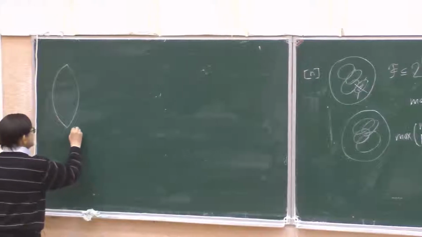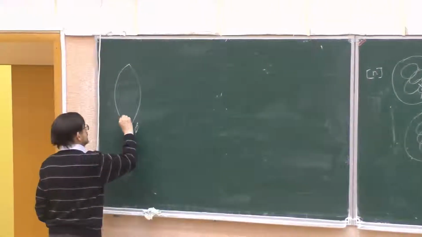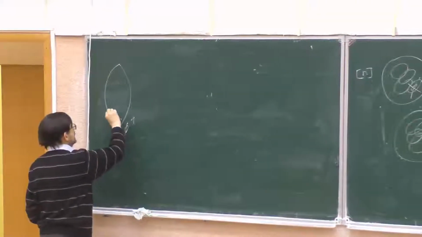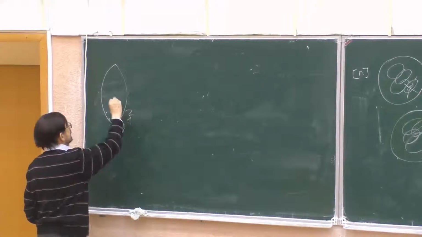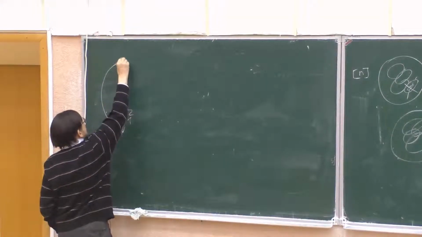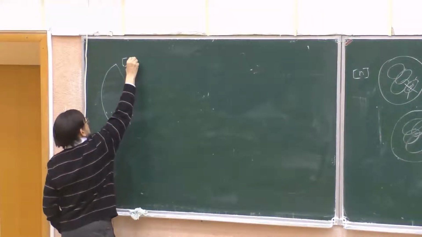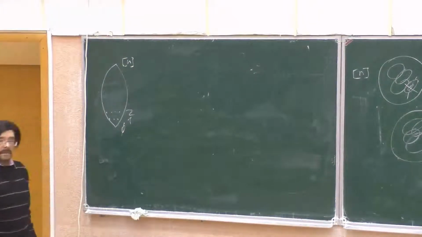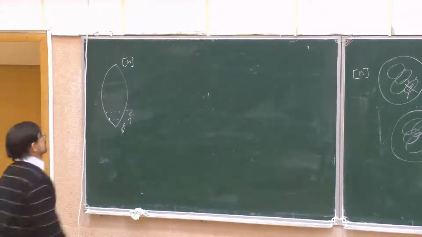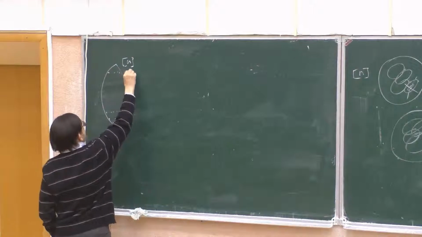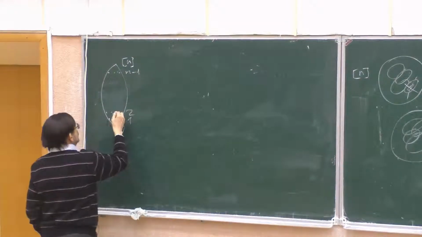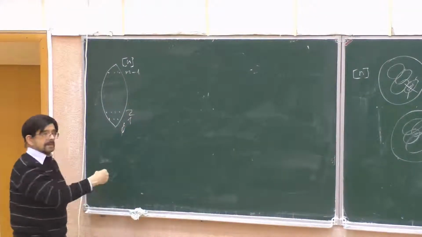Here this is the empty set. Here we have the one-element sets, here the two-element sets, and here the total underlying set and the n minus one element sets, and we have connections.